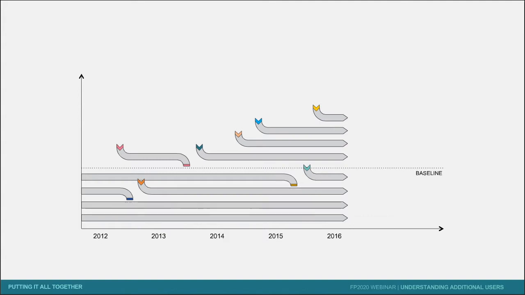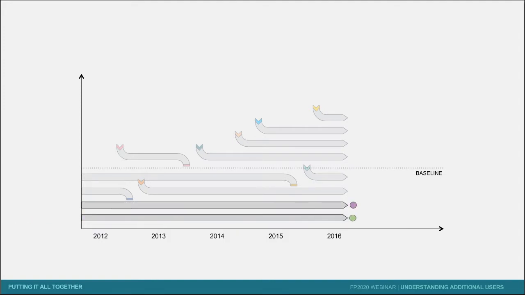The purple and green women, so those are the two lines at the bottom, were using at the beginning, and they continue to use throughout the time period. These are continuers. There are two of these women, and they're straightforward to follow. But there's a lot of other events going on as well.